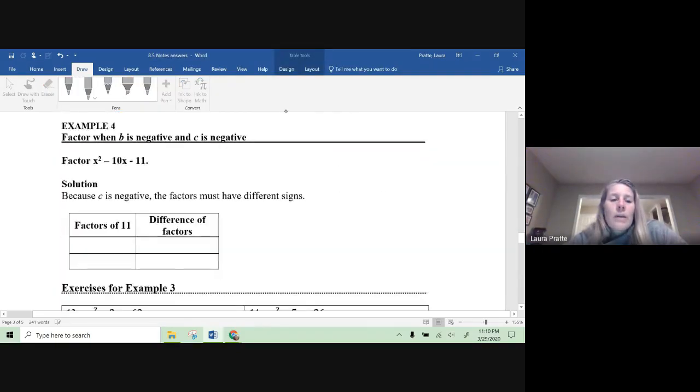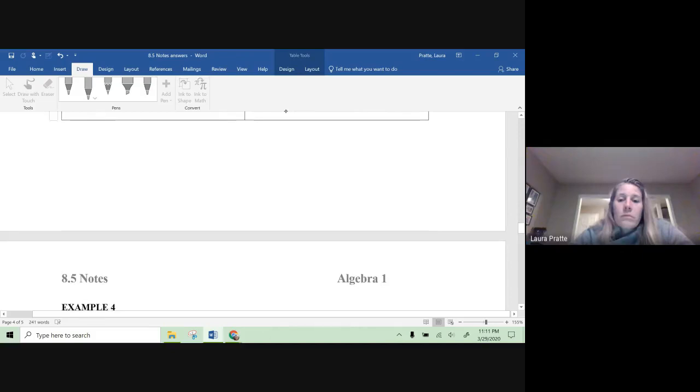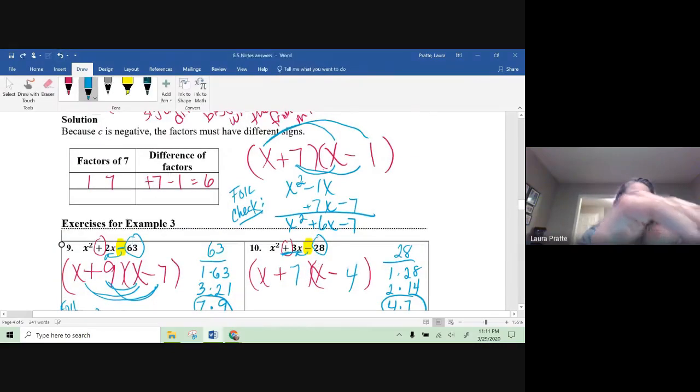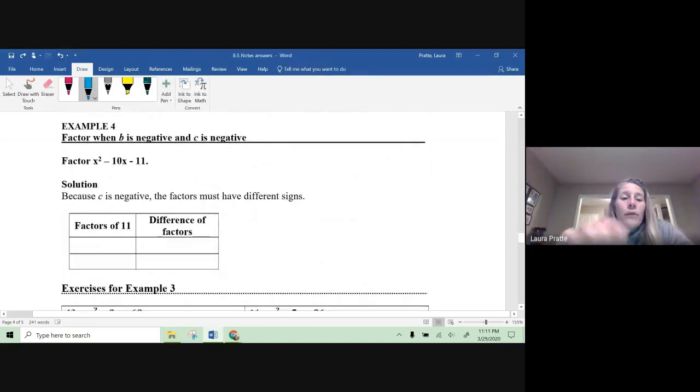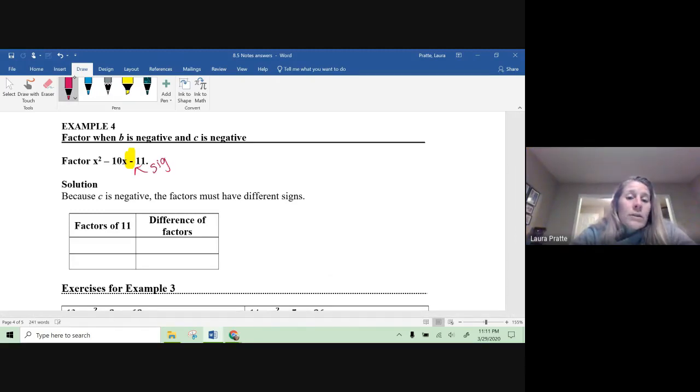That would be this page here, example 4. Okay, so on example 4, this time you'll notice that there's a minus sign again here, which means the signs are still different.